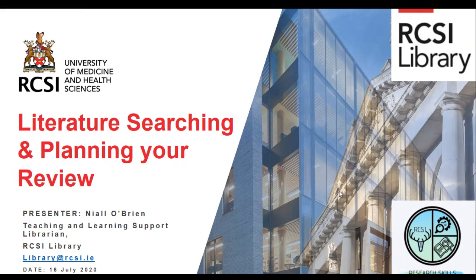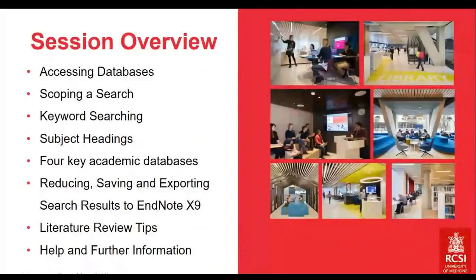So, an overview of the session today. What I'm hoping to cover is how to access the academic databases that you might use for your search, and how to scope out a search to see how much literature or how many publications there are on a particular research topic. Some approaches to keyword searching and an alternative way of searching, subject heading searching.